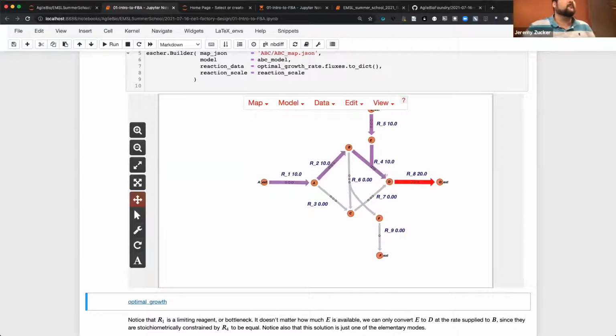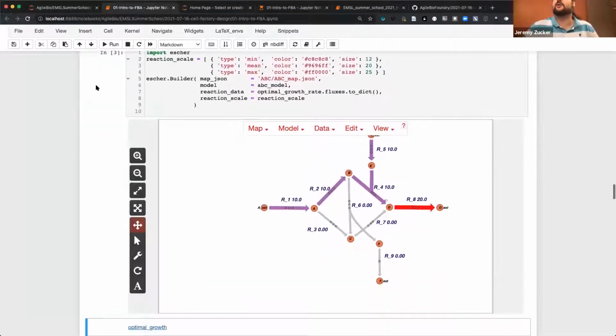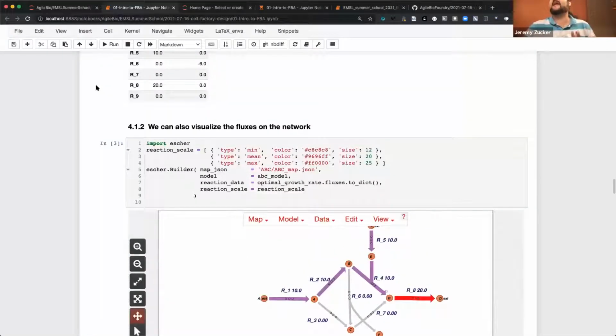Another question was about how to calculate the maximum theoretical yield on a certain product using glucose as a carbon source. I think you're going to touch on that in the next topic. Yeah, I think I just answered that. If people are asking how to do this with glucose, we can pretend that A is glucose.